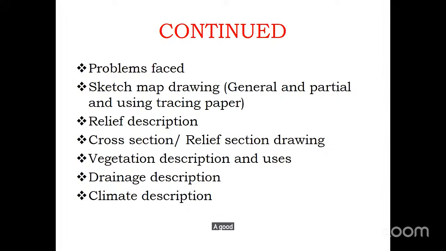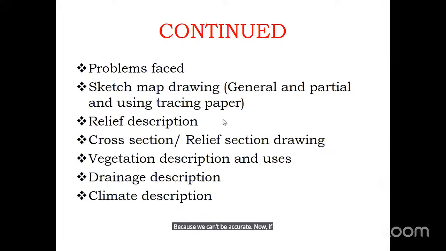A good map should have a key, a frame, a compass rose, and a title. Now, because we are drawing a sketch map, you should not have a scale because we can't be accurate.